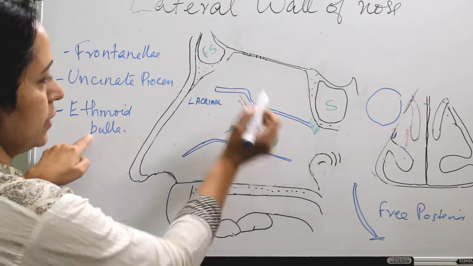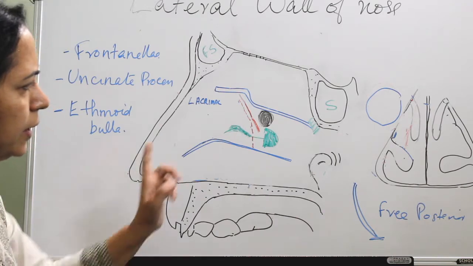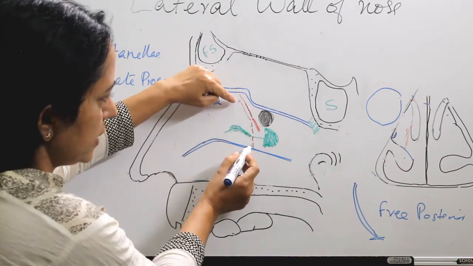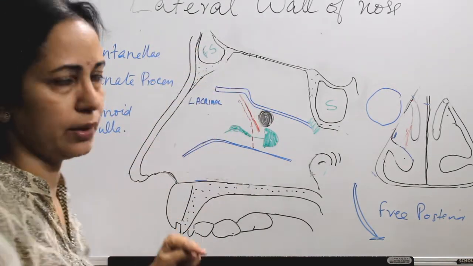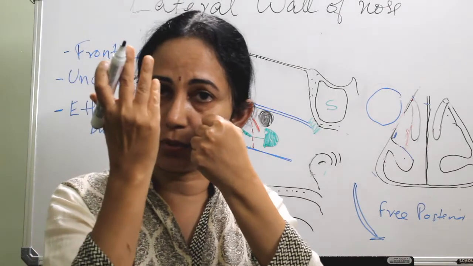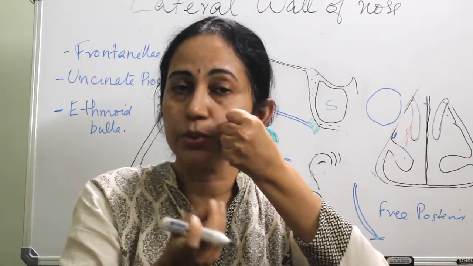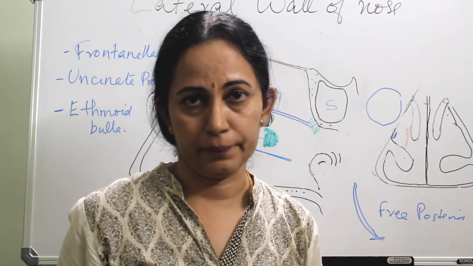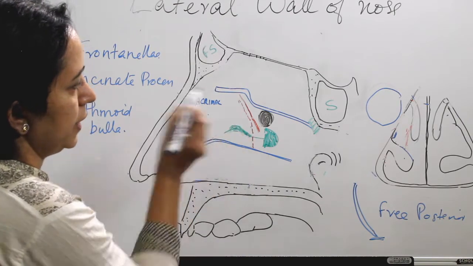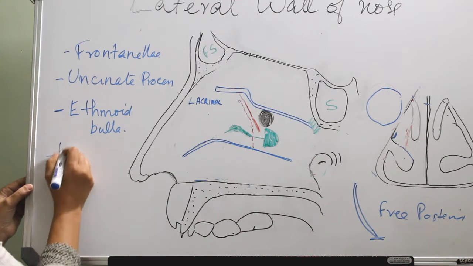So another structure is the ethmoid bulla. Got it? Now, there is a space between the free border of the uncinate process and the anterior face of the ethmoid bulla. That two-dimensional space, this red marked area, is called the hiatus semilunaris.